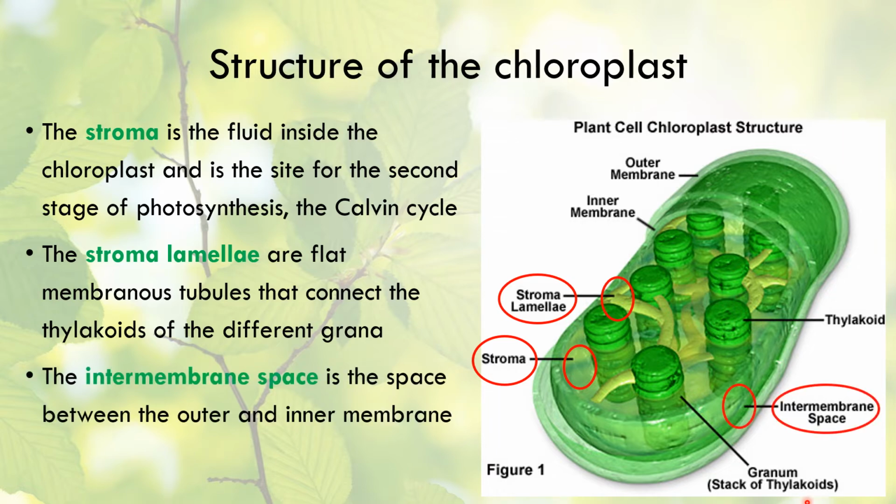We also have the intermembrane space, which is the space between the two membranes, this area here. When we talk about some of the processes that occur, especially in mitochondria, these spaces are quite important as an area where certain reactions can occur because it's segregated from the others.